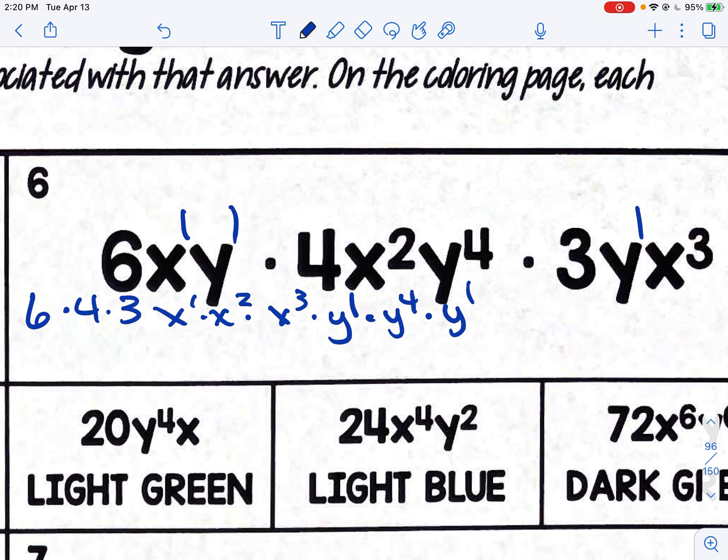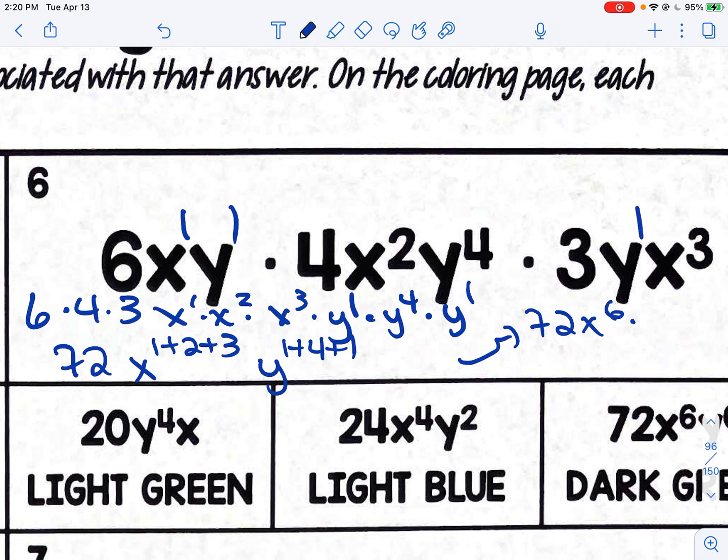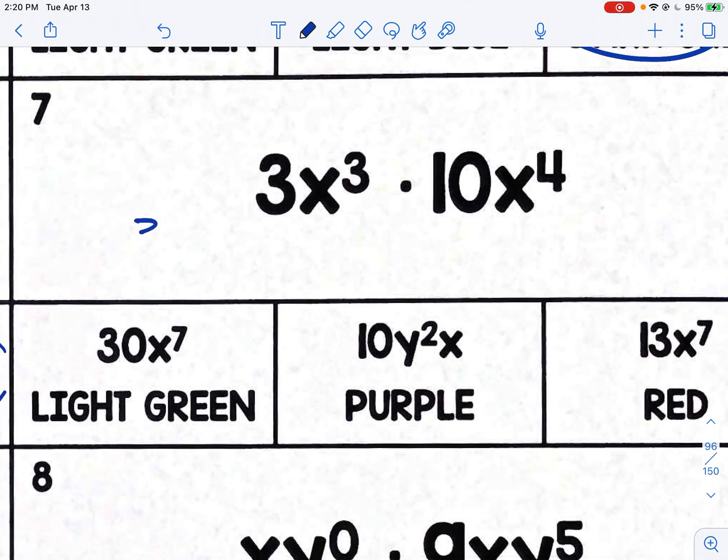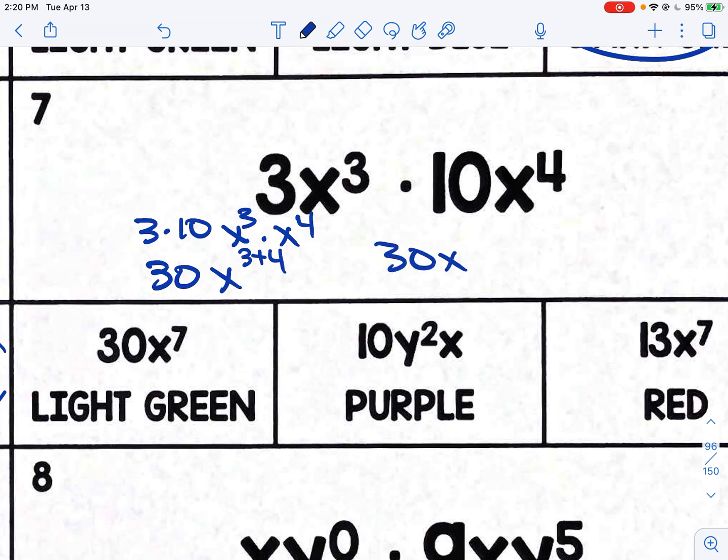So that's going to be 72, x to the 1 plus 2 plus 3, y to the 1 plus 4 plus 1. So that would get me 72, x to the 6th, y to the 6th. This one, 3 times 10, x to the 3rd, x to the 4th, 30. 3 plus 4, so 30 is x to the 7th.